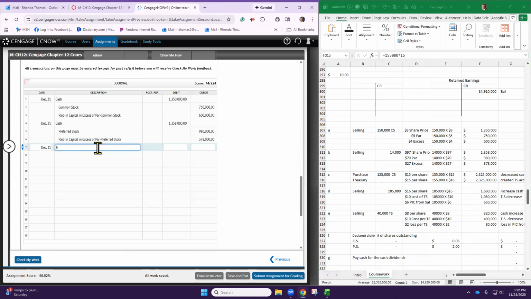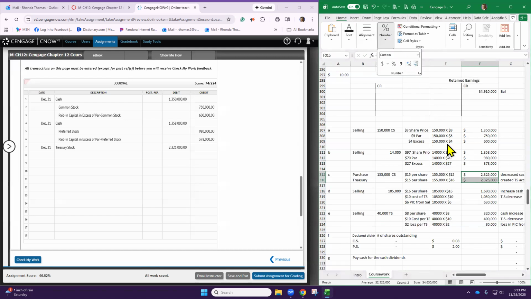Now, most of our other stock accounts have a credit normal balance, but when we buy ourselves, we have to put it in a debit because we have to actually subtract that amount from our common stock. So I'll show you what I mean here. All right, so let's go ahead and finish this.